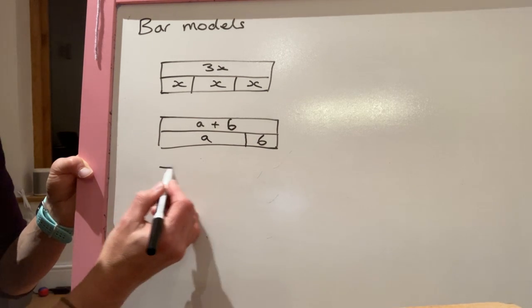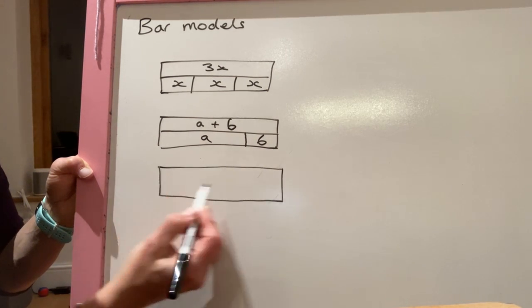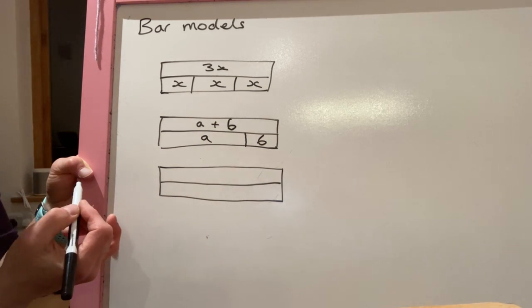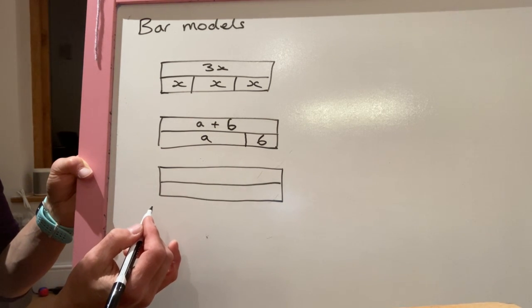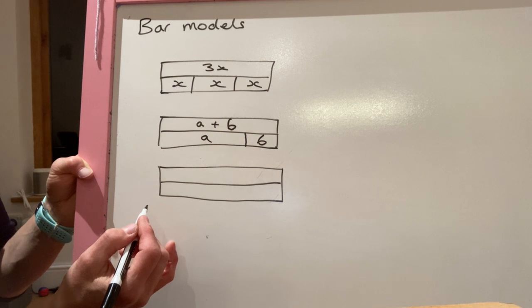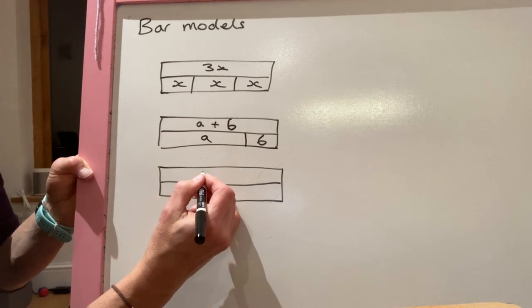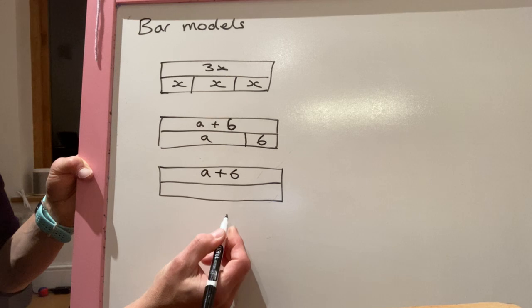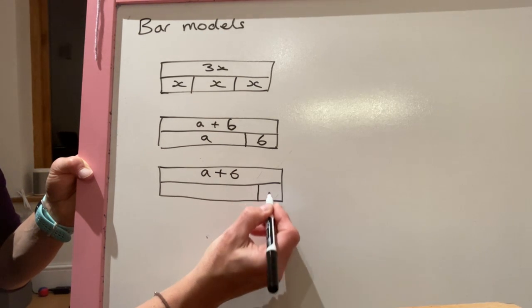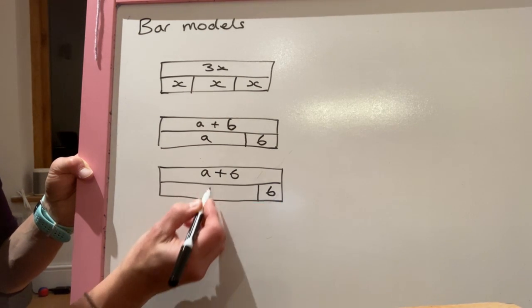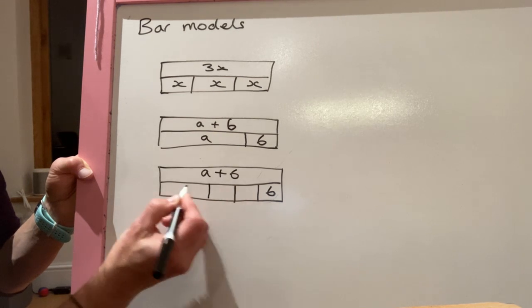Now, this last one on here. What if I gave you this one, A plus 6, put my 6 here, but then split this one up into 4 pieces?